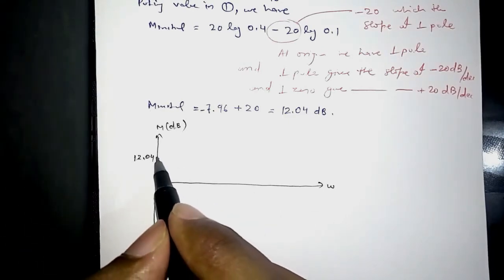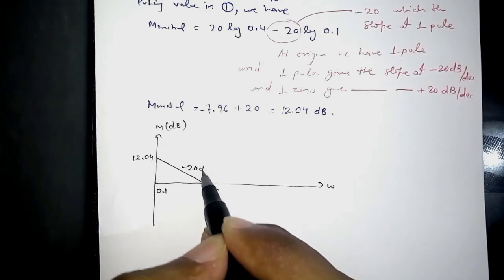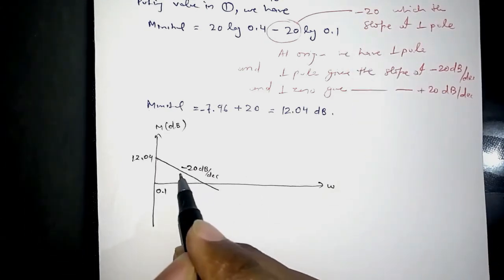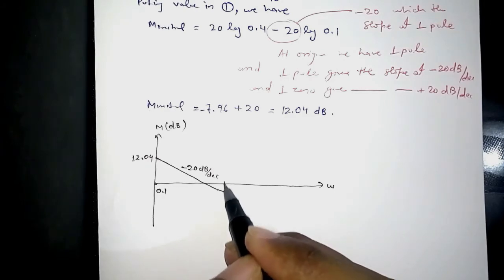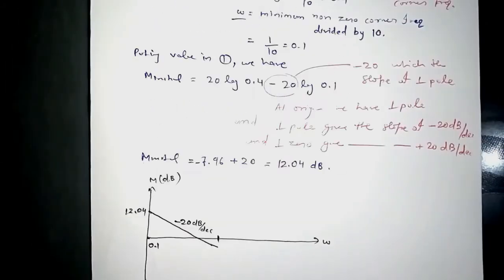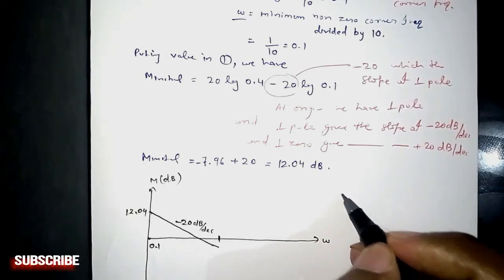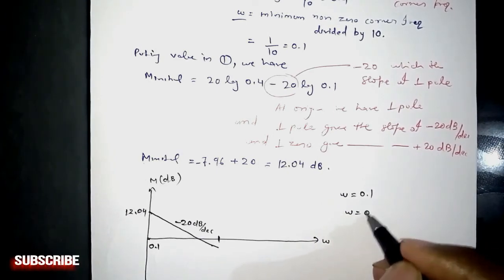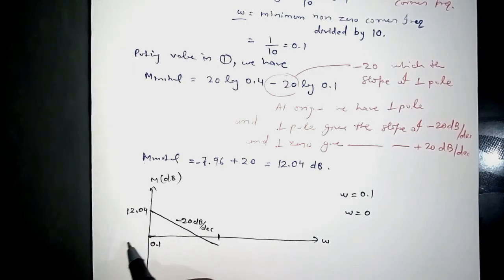We have the slope here of minus 20 dB per decade, because we have one pole at the origin. Here we are putting omega is equal to 0.1, because when omega is equal to 0 we are just at the origin.